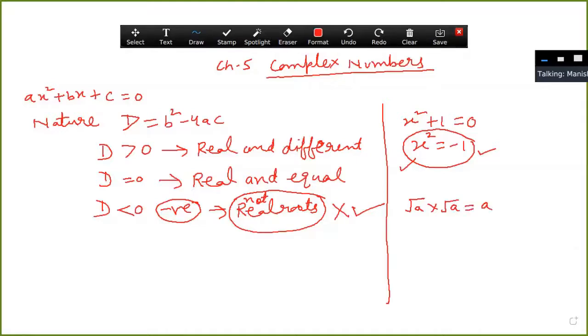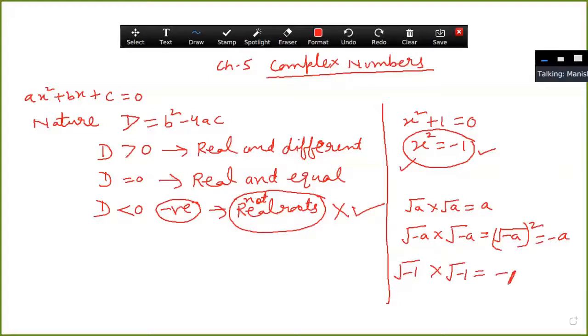If it is under the root minus a into under the root minus a, it means root of minus a is written 2 times, that's why it is squared and equal to minus a. Similarly, root of minus 1 into root of minus 1 will be equal to minus 1.